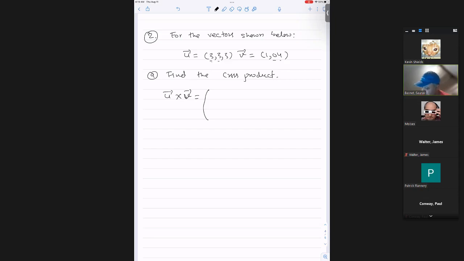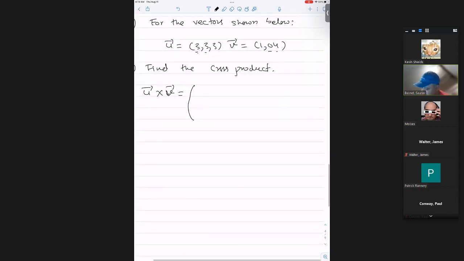You take out the first column or first vector. So 3, 3, 0, 4, and you do minus. Make sure you do the minus, and you take out the second vector. It is 3, 3, 1, 4. Are you guys following me?